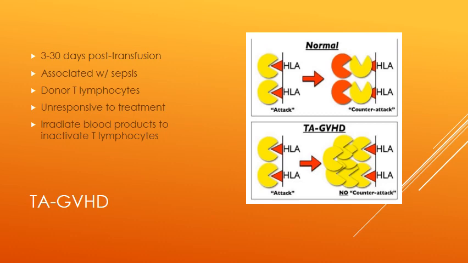That's a problem. Now normally, in this case here, it looks like Pac-Man, if you get a white cell responding against the HLA, as you see here, we do have immune suppressive cells that are able to detect that and cancel it out. Well, that's lovely. Unfortunately, patients who experience transfusion-associated graft versus host are usually missing that suppressive cell.